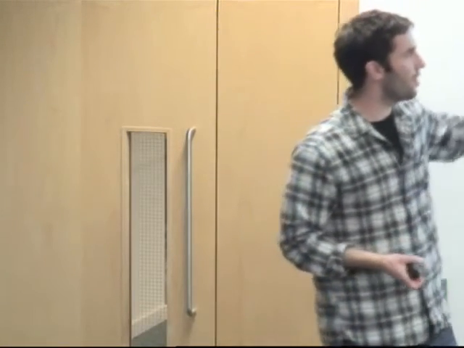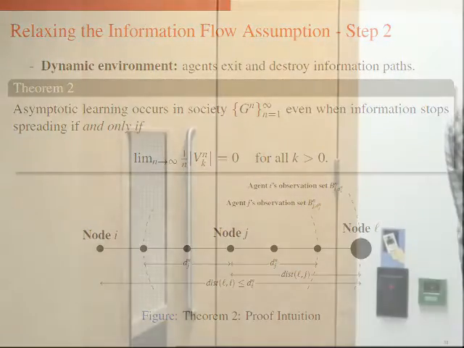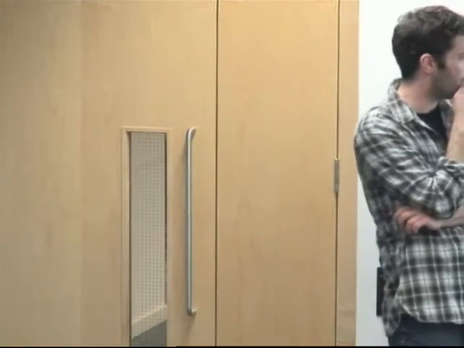not leave the network. However, the same results hold for the dynamic environment, where when agents take actions, they destroy information paths. The intuition is given by this figure, and it goes simply as follows.